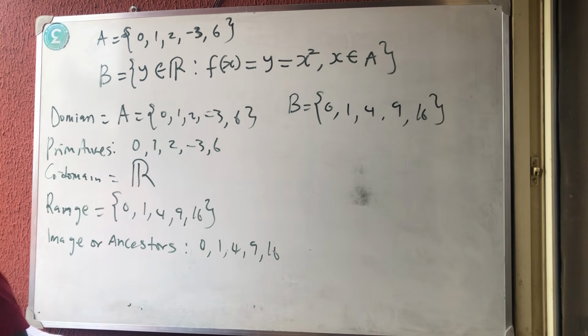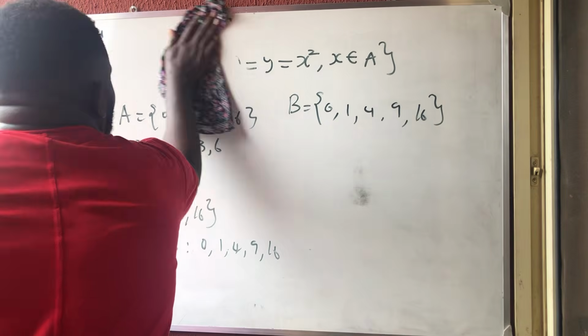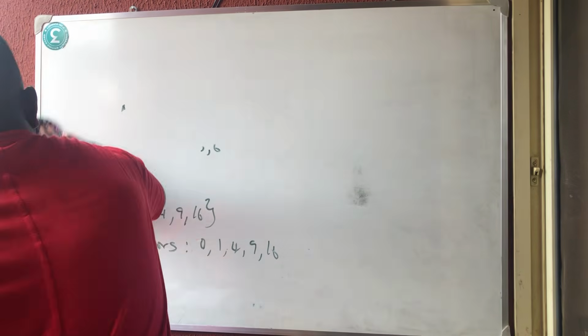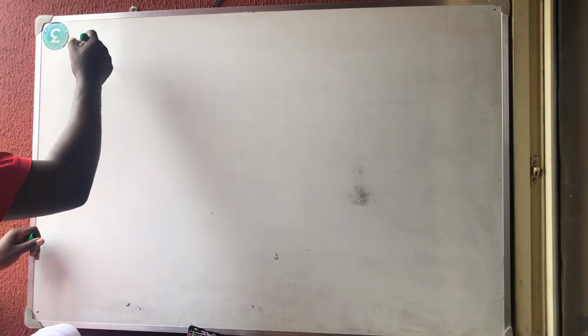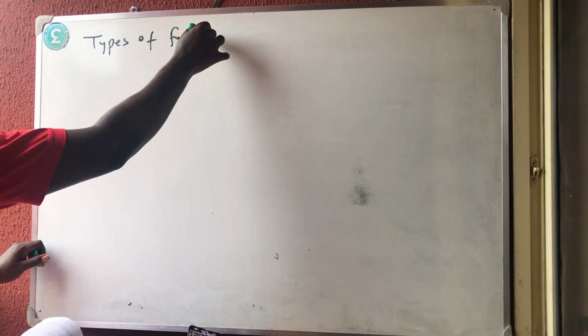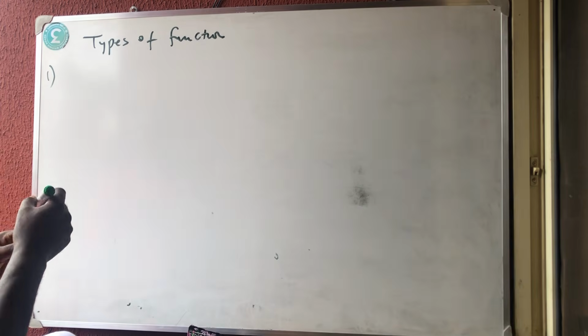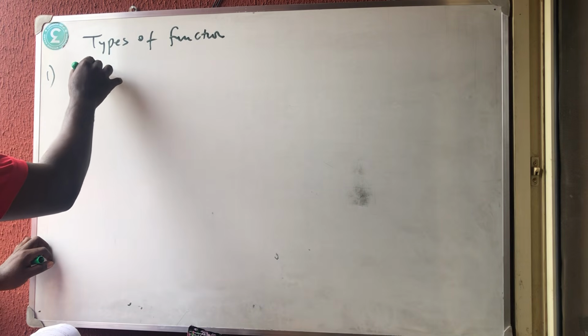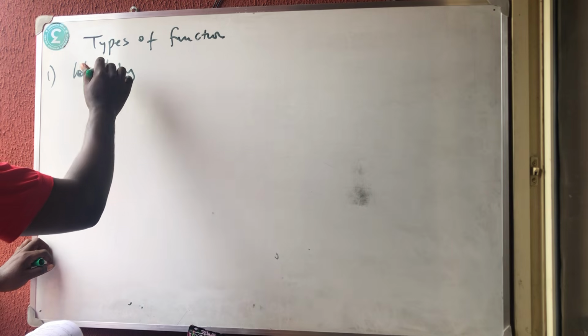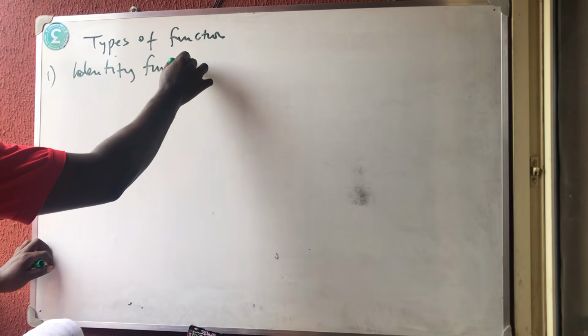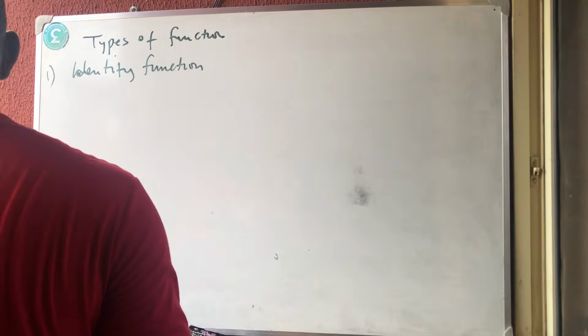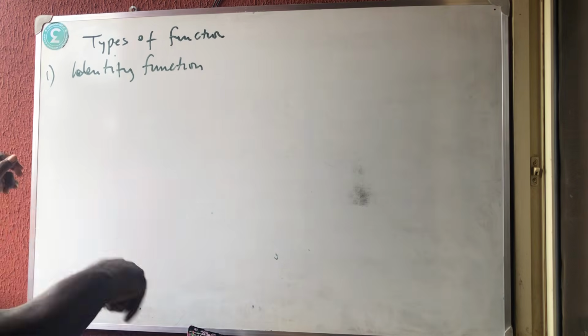Now we have types of function. Let's talk about the types of function we have. The first type of function we are going to talk about is the identity function. If you remember identical twins, that is how you remember the identity function.